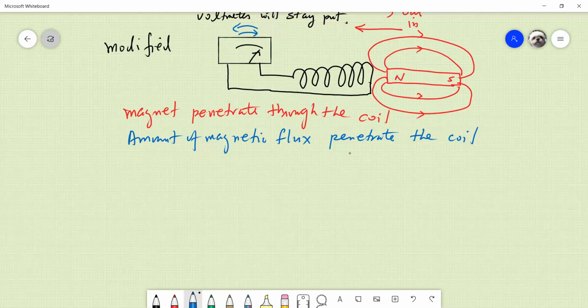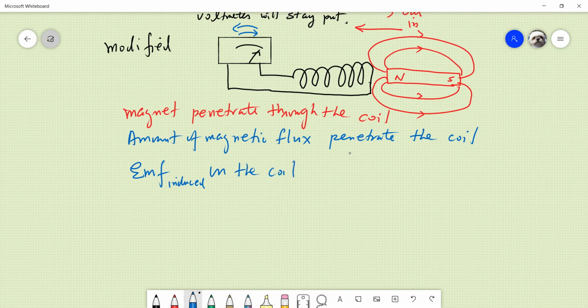So he derived this expression empirically. The induced EMF on the coil, or you can write the voltage on the coil, should be equal to negative the change of the magnetic flux divided by the time.